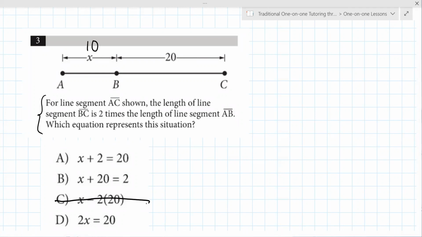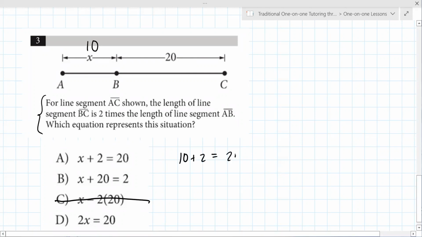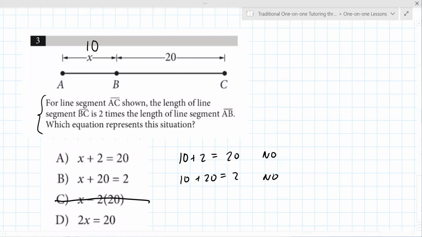It's D because there's a 2 in A and B that's not needed. Well, it's the only one where it works. Like, is 10 plus 2 equal to 20? No. Is 10 plus 20 equal to 2? No. So it has to be D, yeah.